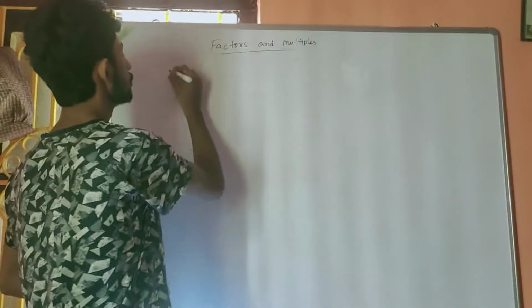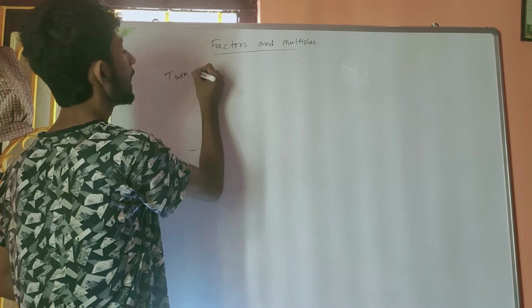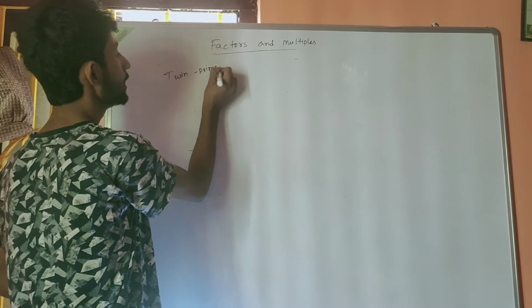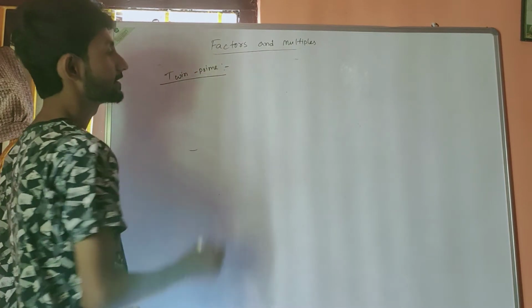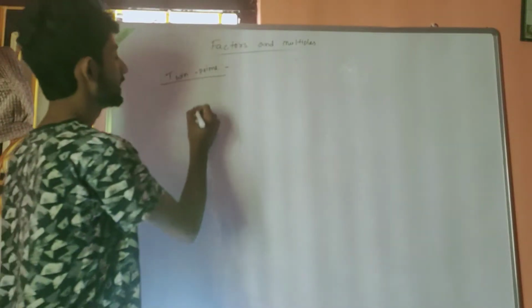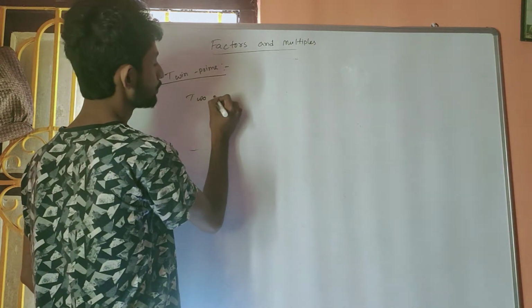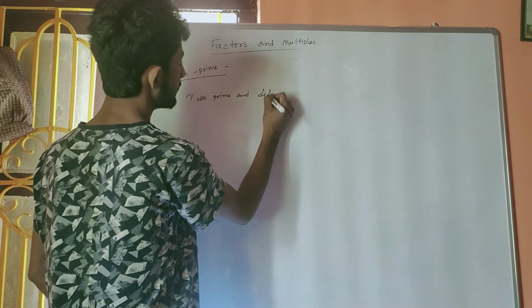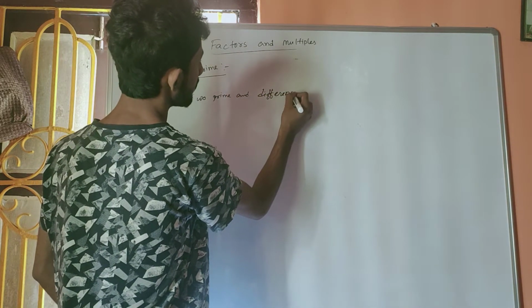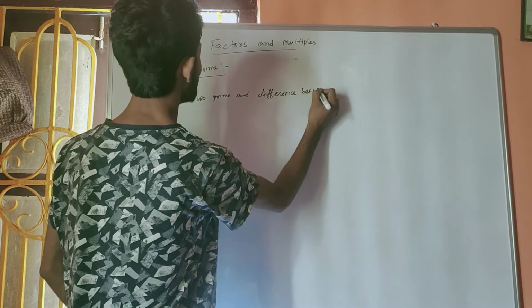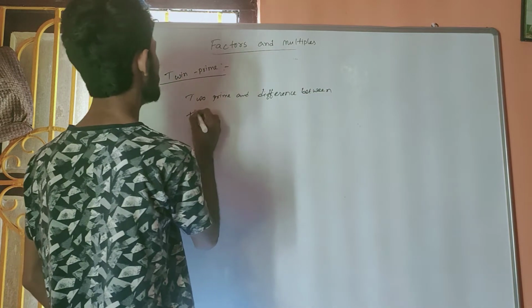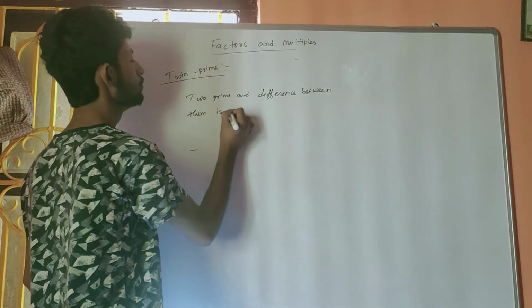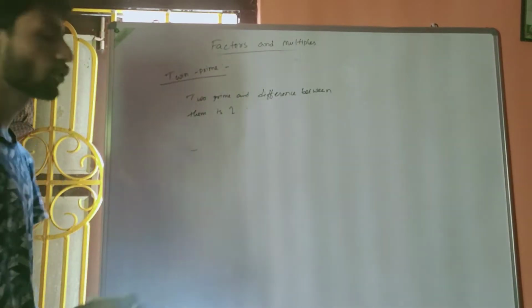What are twin primes? Twin primes means if there are two primes and the difference between them is 2, then they are called twin primes.